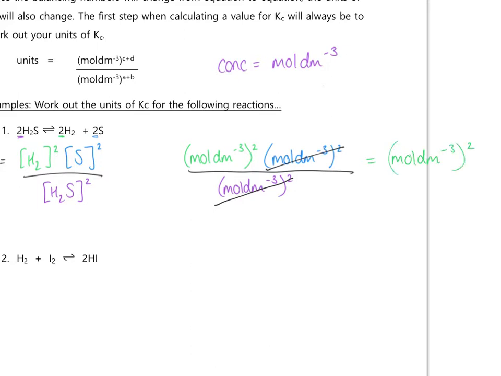When we're multiplying out powers within a bracket, that would technically be moles to the power 1 times 2 on the outside, which is moles squared, and then decimeters to the minus 3 times 2, which is minus 6. So your units would be moles squared per dm to the minus 6. So that's one way of doing it.